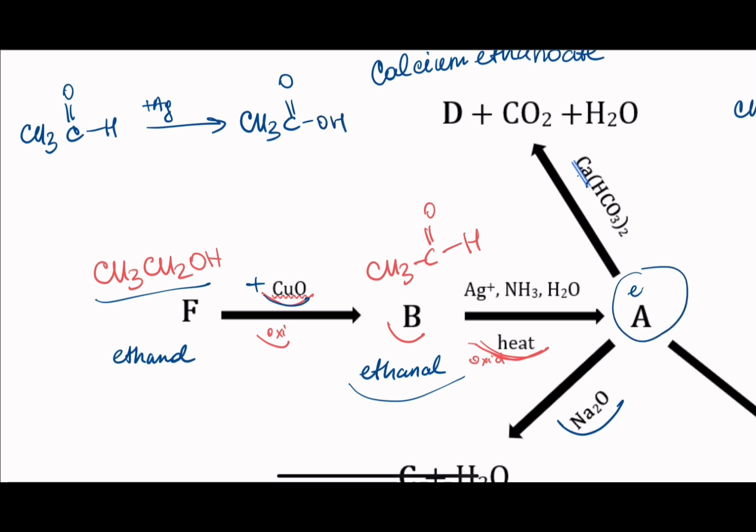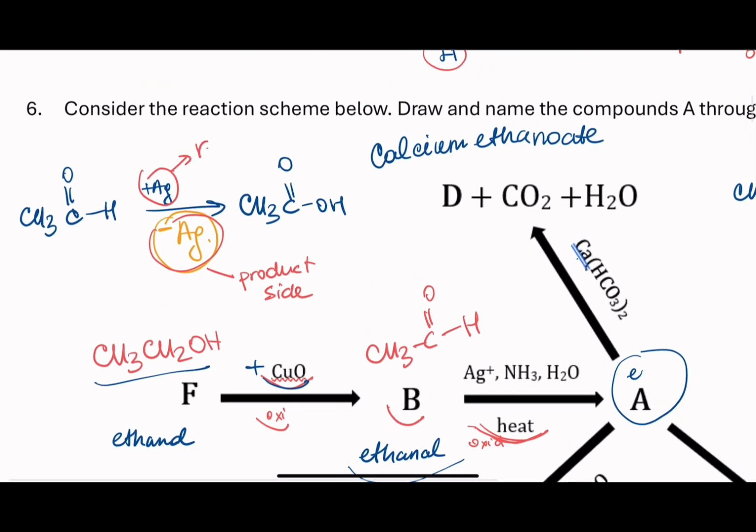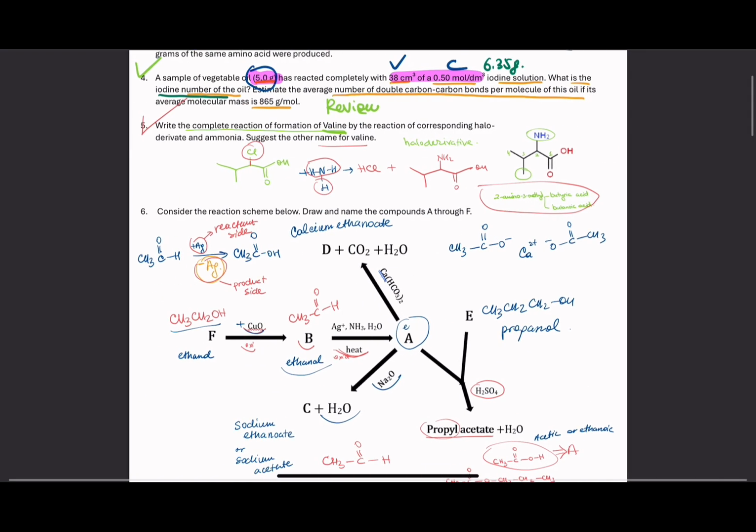But as you see, I didn't write the precipitated silver. So I should have written it here. But sometimes, when we want to indicate the silver, we will write a minus in here, meaning that the silver was generated here, okay? So whenever you see a minus like this, that means it was generated on the product side. Well, this plus on the top is the reactant side, right? Okay, and that's it for question 6.